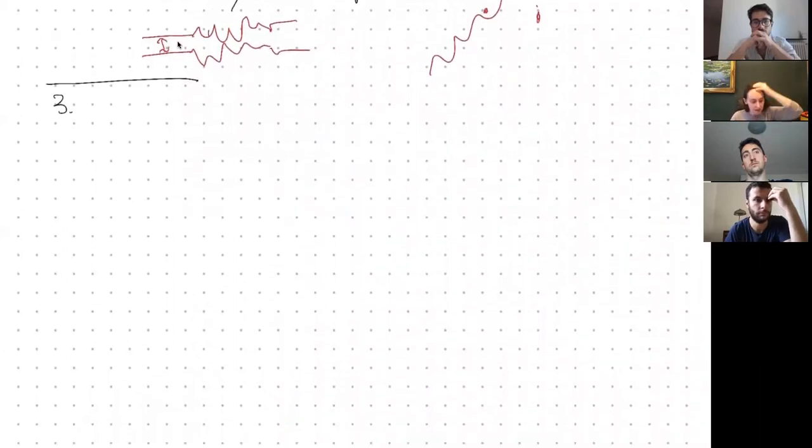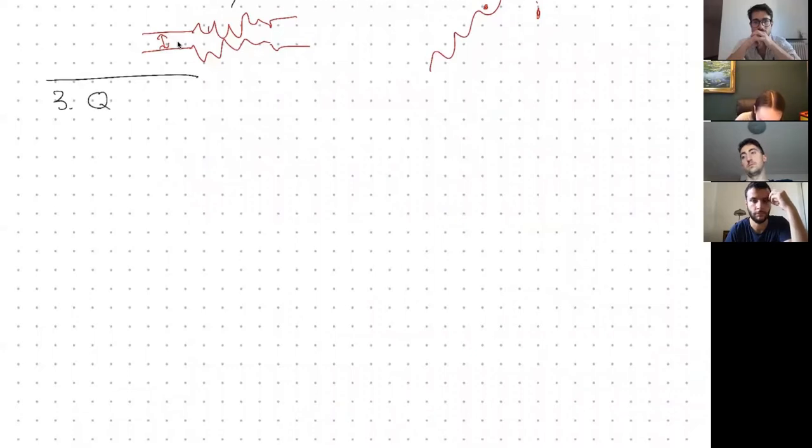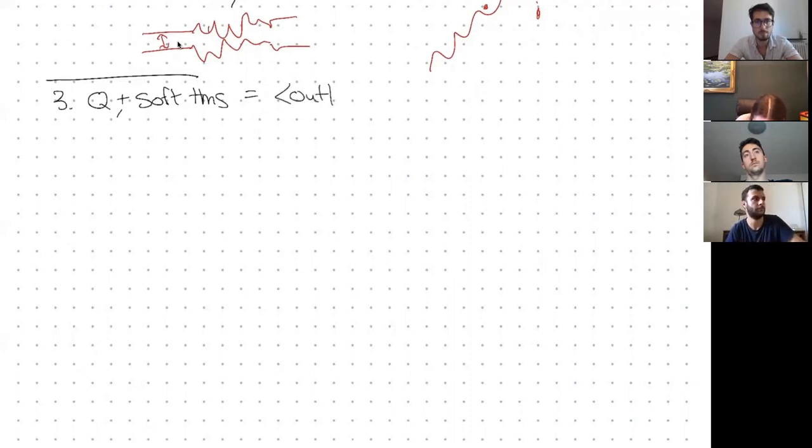So the third step is going to basically be, how can we combine our definition of Q, our soft theorems, equals basically this semi-classical Ward identity? How do we do that?